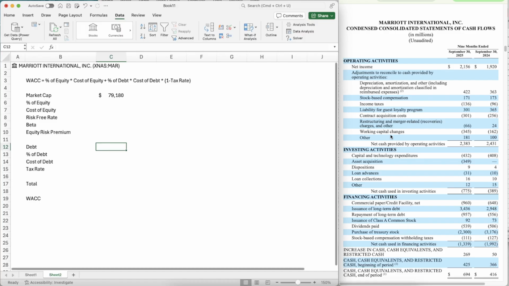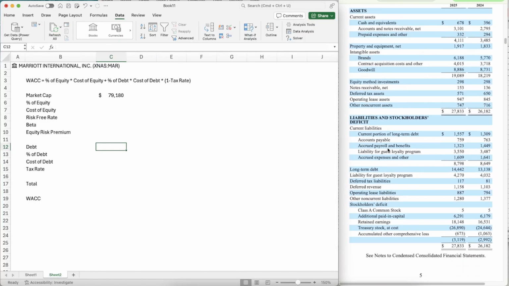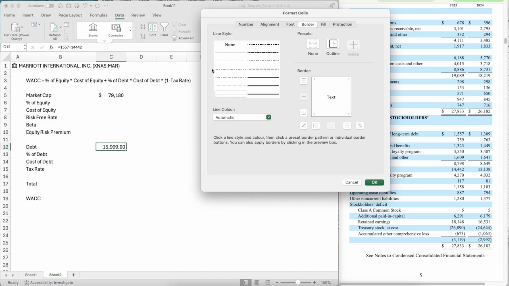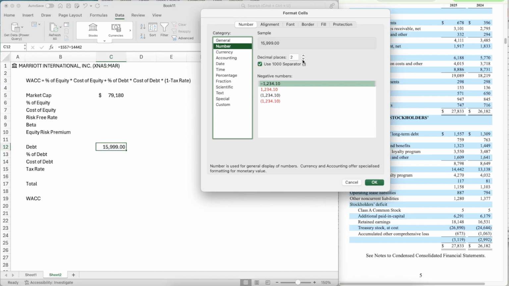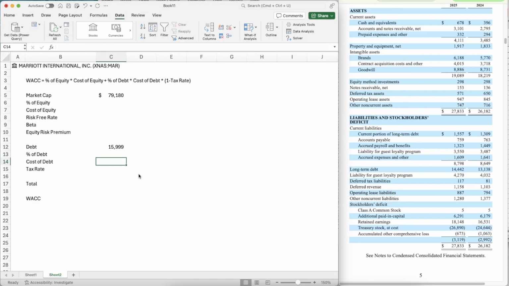So the debt we get from the balance sheet. Back up here, we look down here. So current portion of long-term debt, 1557, plus the long-term debt, 14,442. 1557 plus 14,442. Even though that's irrelevant, sorry, I'm a bit of a pedant.